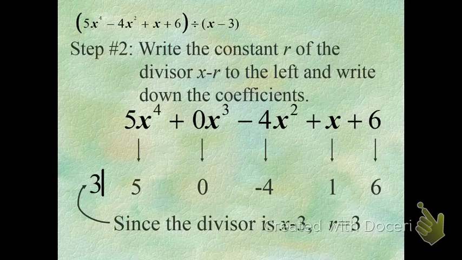Synthetic division does not use any of our x's. So I want you to bring down the 5, the 0, the negative 4, the 1, and the 6. That will be in line with the divisor of 3.